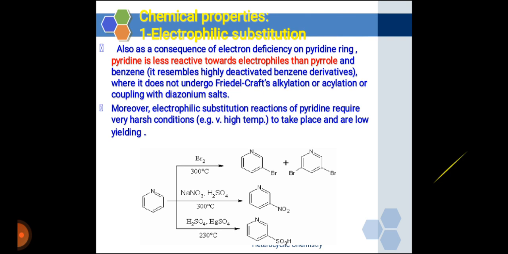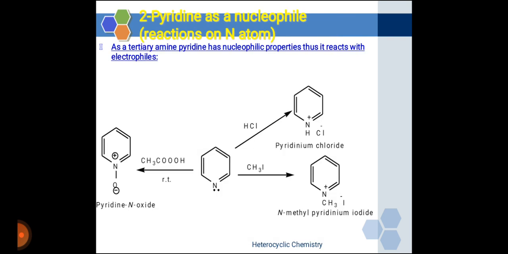Then reaction on the nitrogen atom: pyridine as a nucleophile. As a tertiary amine, pyridine has nucleophilic properties and reacts with electrophiles. Pyridine N-oxide is formed from pyridine. Pyridine reacts with HCl to form pyridinium chloride, where the nitrogen atom donates its lone pair of electrons to the acid.